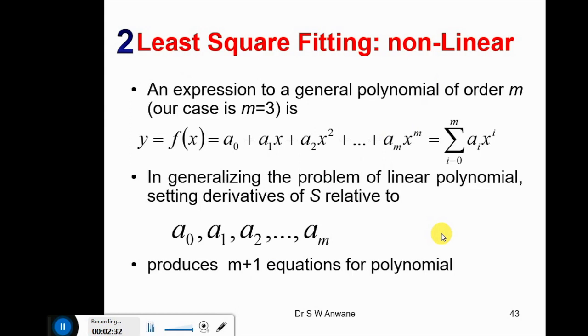Now friends, we shall go through the nonlinear least square fitting method quickly, and the things are very simple. We are just going to extend our equations, the number of equations, more.